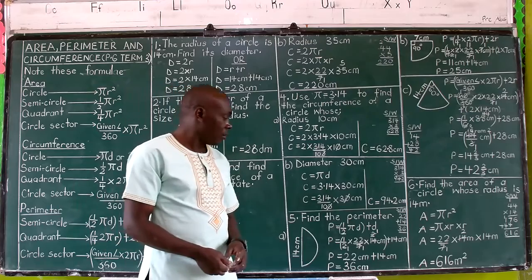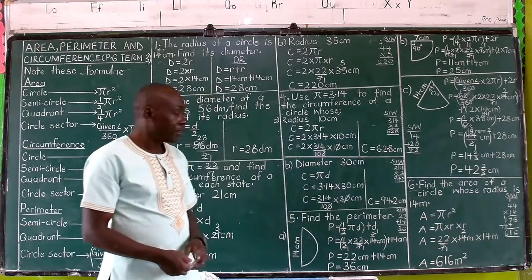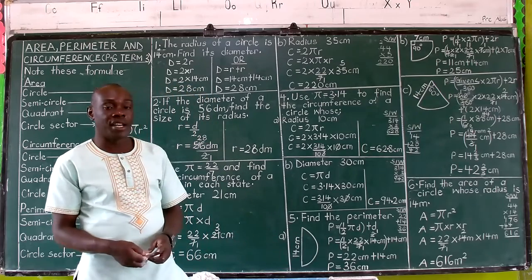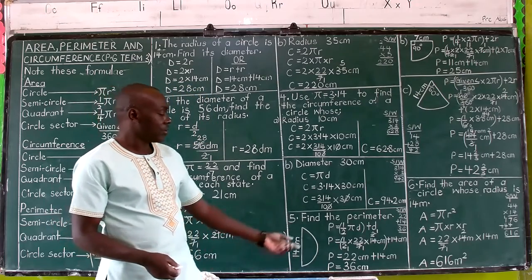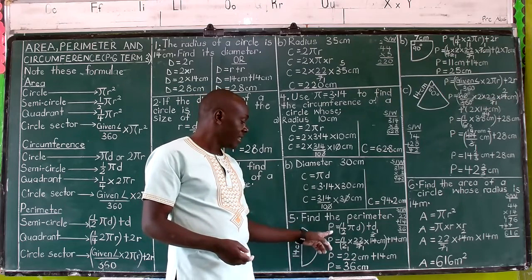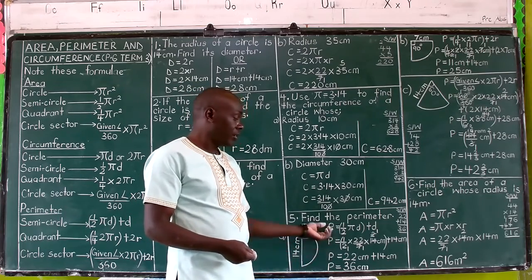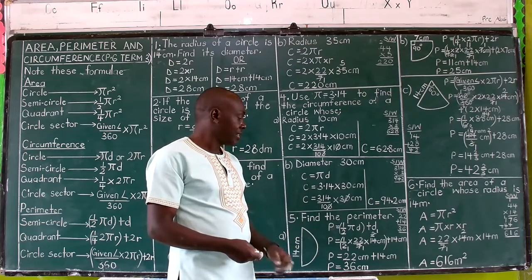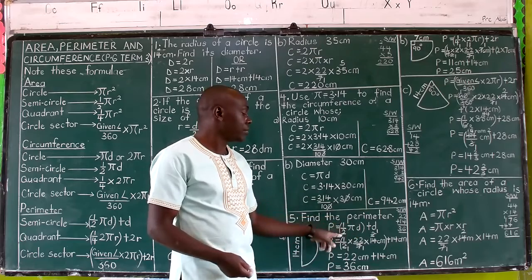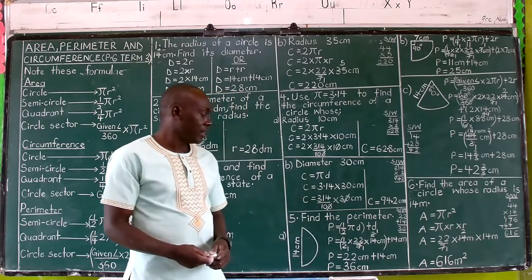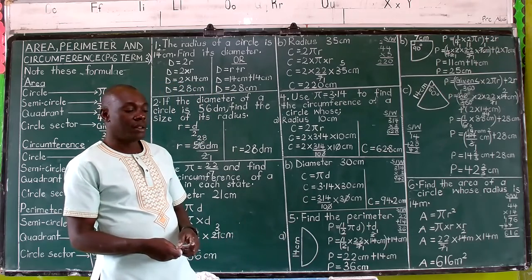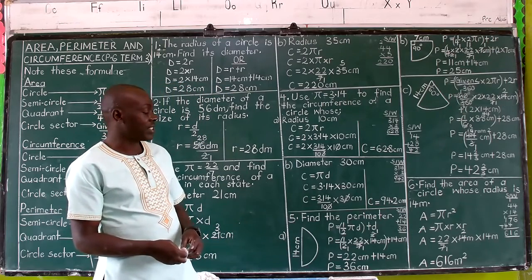Find the perimeter of this shape called a semicircle, whose diameter is 14 centimeters. We start right away by stating the formula for the perimeter of a semicircle. So perimeter is half pi d, in brackets, plus d. A semicircle is half of a circle, which must be respected by starting with a half.